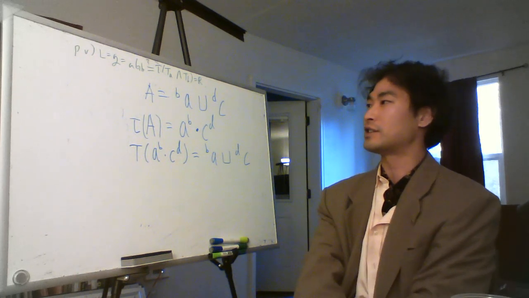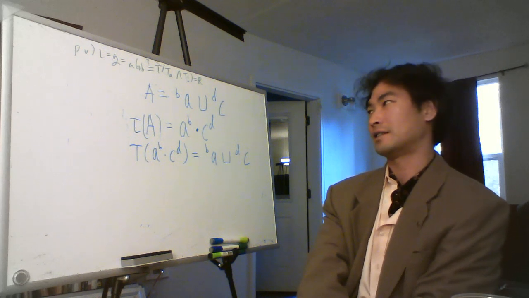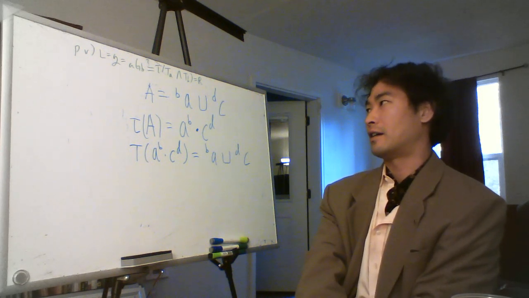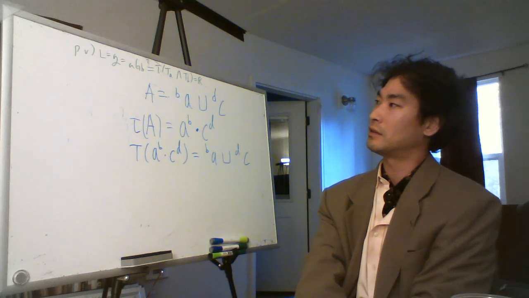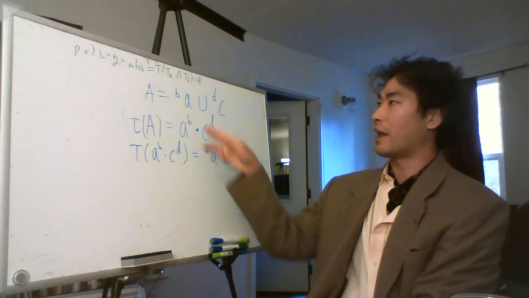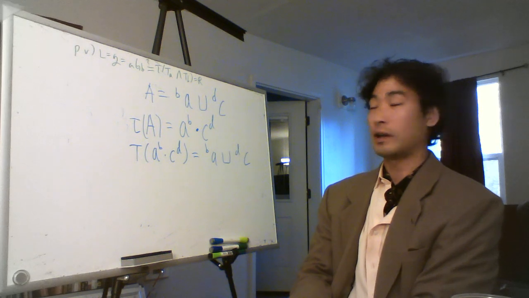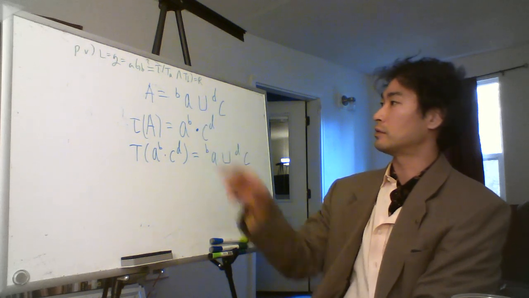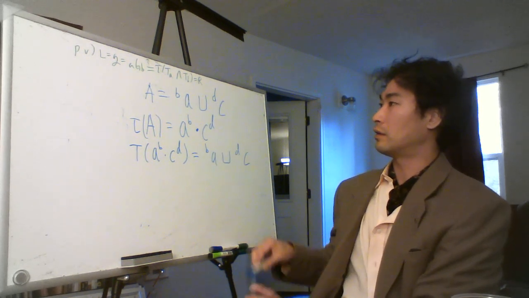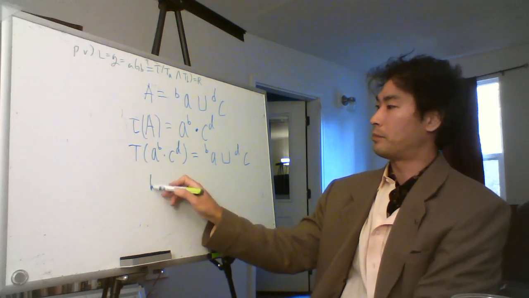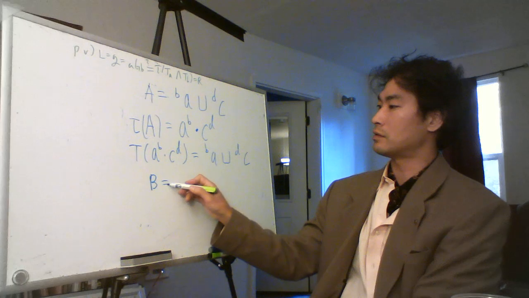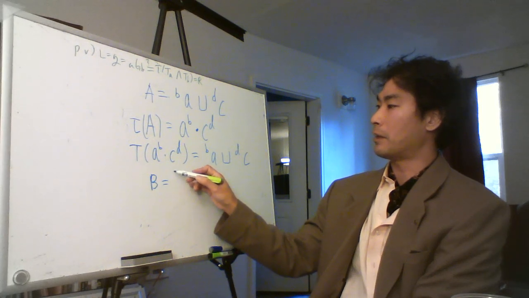Yeah, the intersection of multisets. It will be like this. Let's just think about A's, apples. Let B be a set of B apples. How many apples?